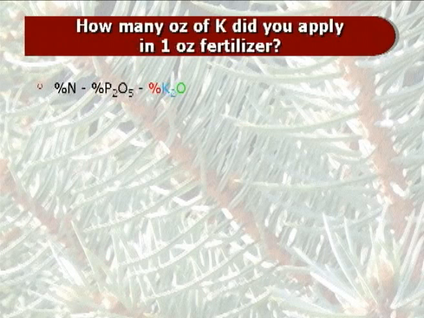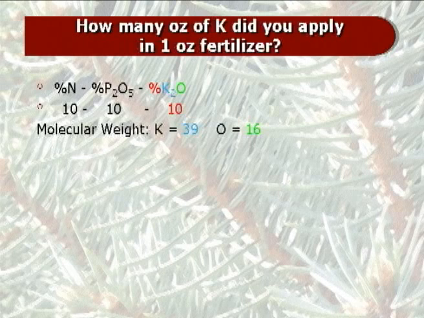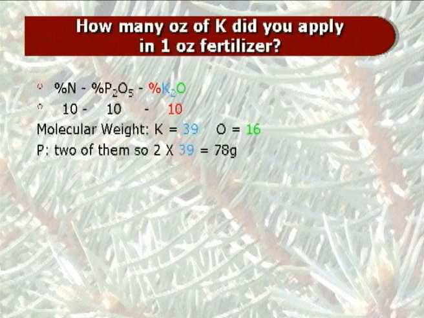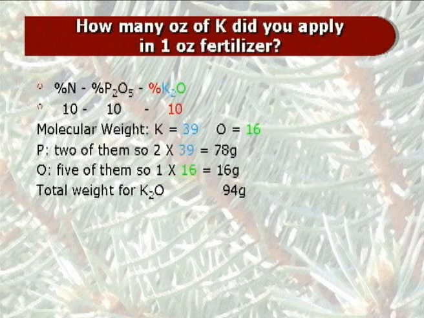Finally, we can go through the same exercise for potassium, K. This fertilizer has 10% K2O. The molecular weight of potassium is 39. The molecular weight of oxygen is 16. For potassium, there are 2 of them, so 2 times 39 is equal to 78 grams. For oxygen, there's 1 of them, and 1 times 16 is equal to 16 grams. The total weight for the compound K2O is the sum, 94 grams.